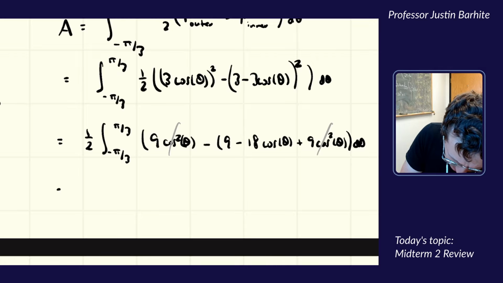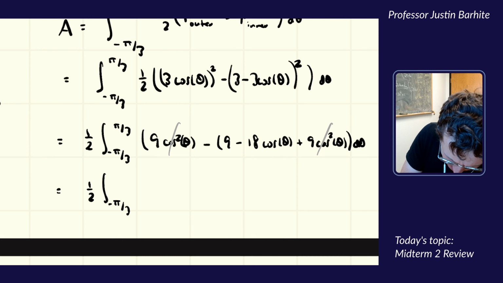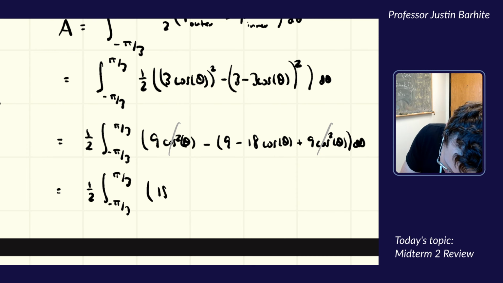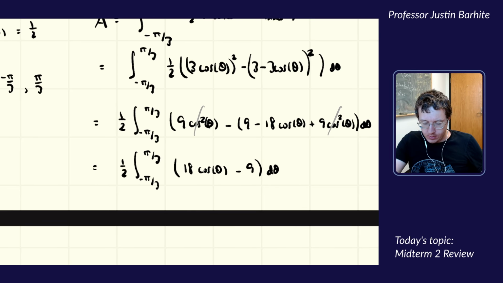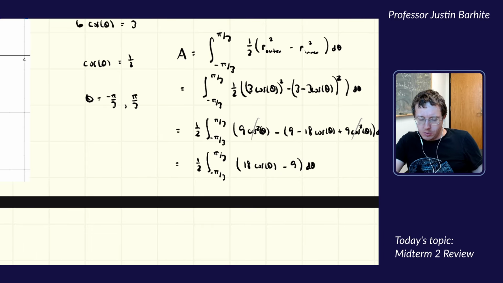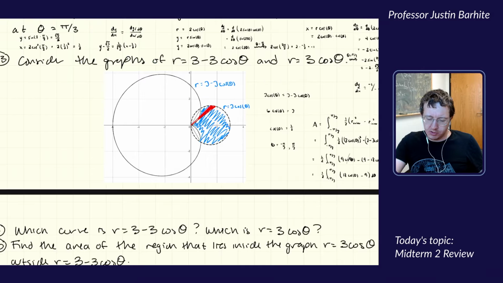What I do have to integrate is 18 cosine theta minus 9. And I will leave it to you to evaluate this definite integral.